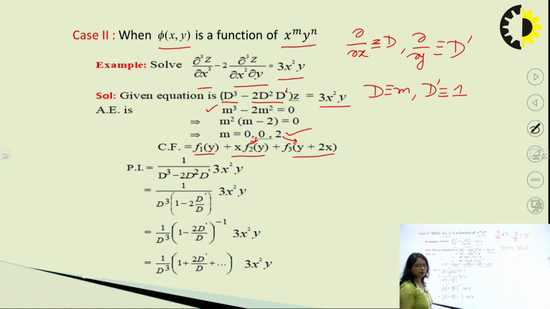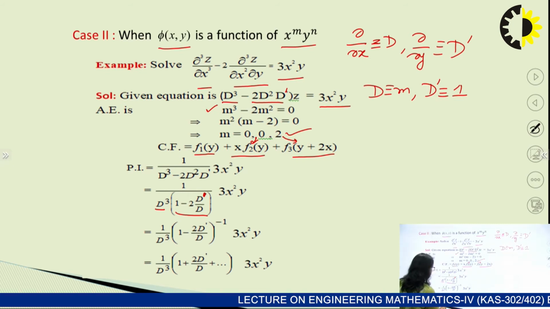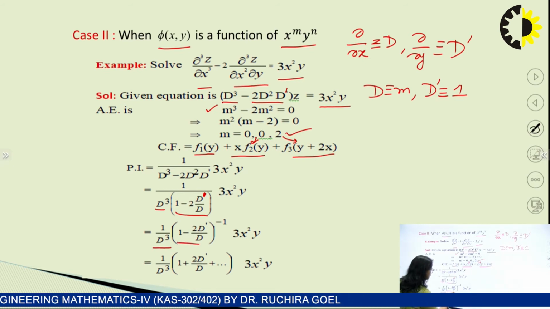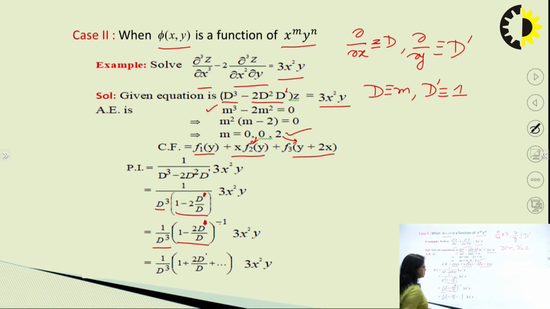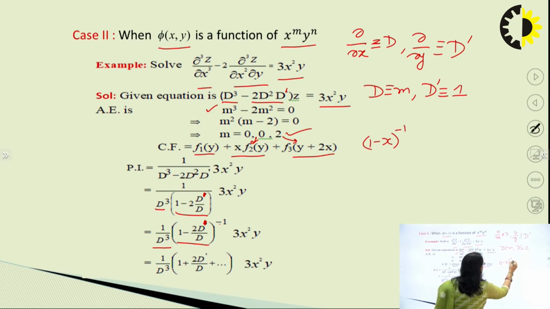I will consider the expansion. We need to apply the binomial expansion. So I have taken this D cube common outside, and I am left with 1 minus 2D dash upon D applied to 3x square y. So this gives me 1 upon D cube, and 1 minus 2D dash upon D to the power minus 1 applied to 3x square y. If I have the expansion of 1 minus x to the power minus 1, then I have 1 plus x plus x square plus terms up to infinity.